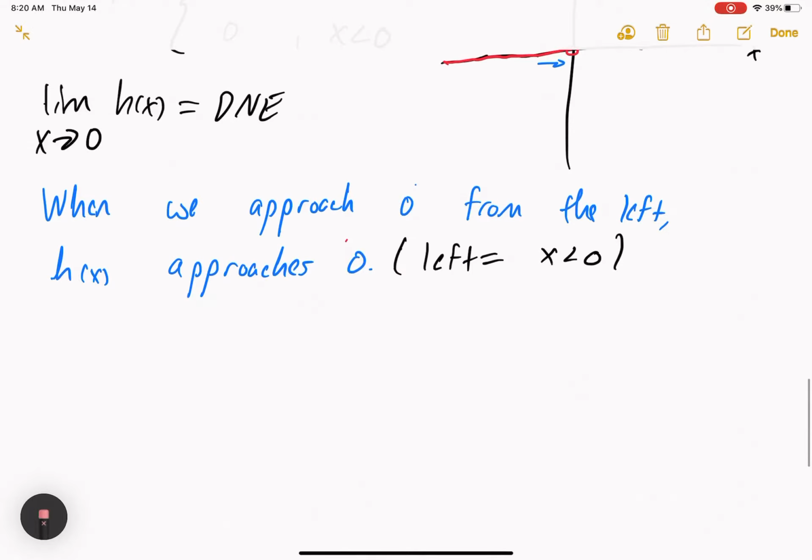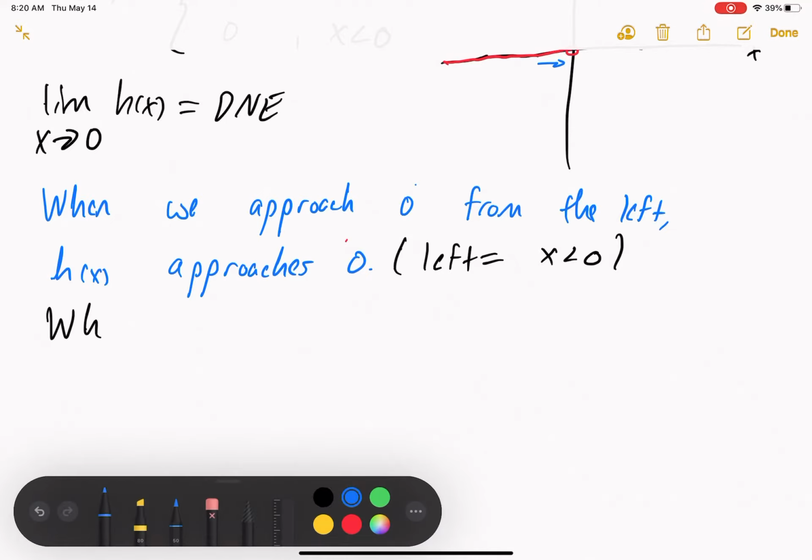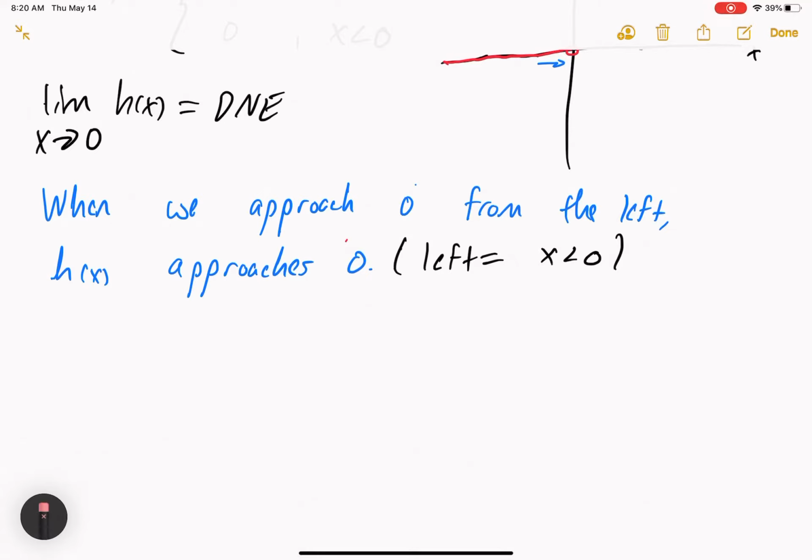And then we say, when we approach 0 from the right, we actually get 1.